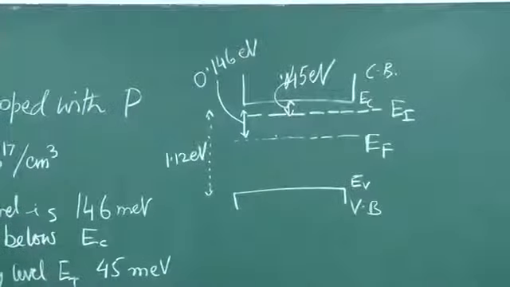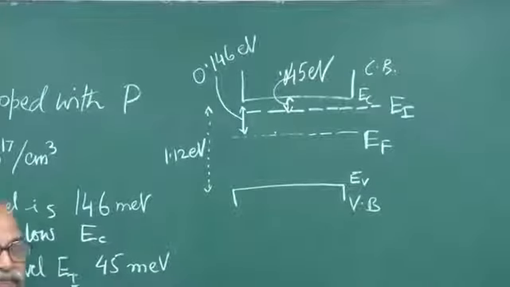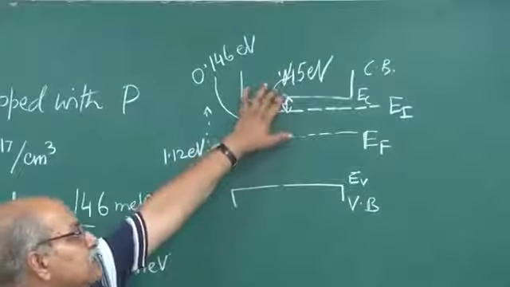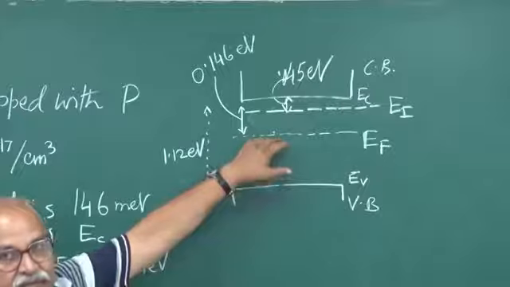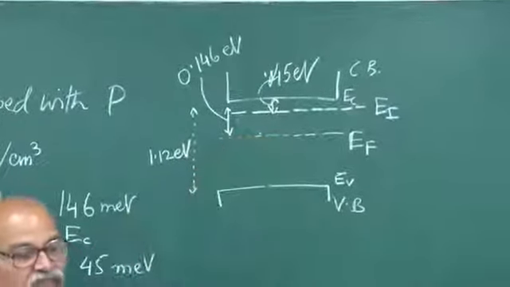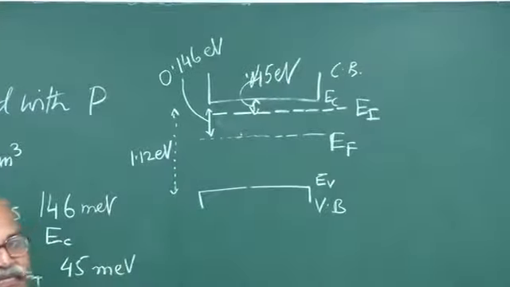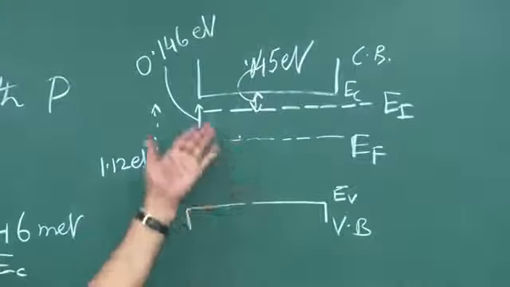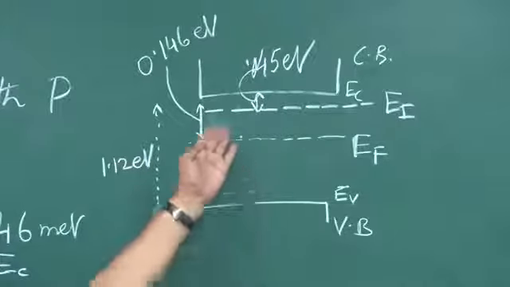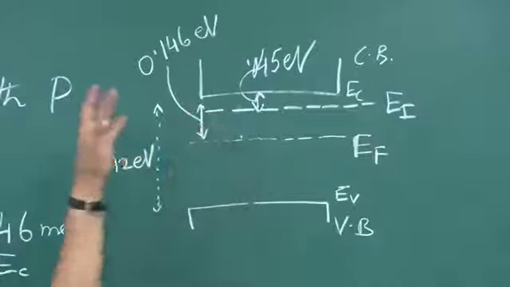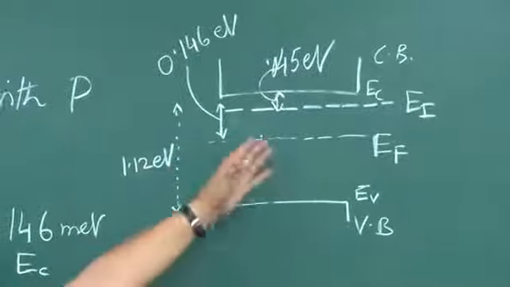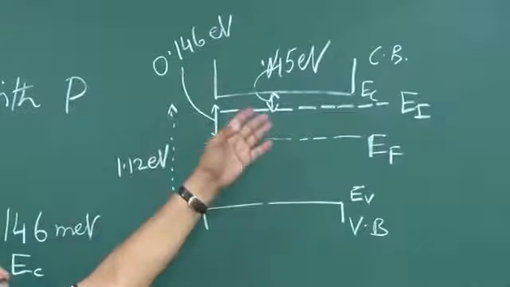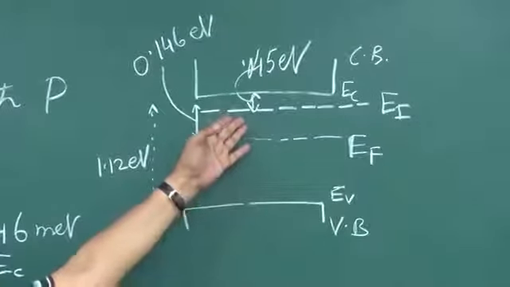I hope you remember, for an intrinsic semiconductor, the Fermi level is midway between EC and EV. But if you dope this donor impurity like phosphorus to make it n-type, this Fermi energy goes up. So it's not at half, it has gone up. And when you put these impurities, impurity levels are created, a few tens of meVs below, as I had been talking about.